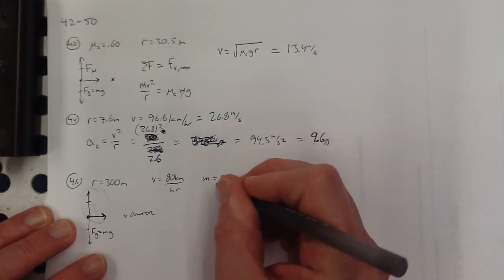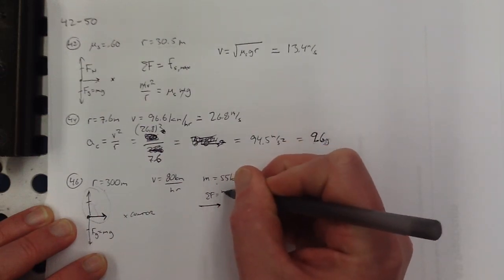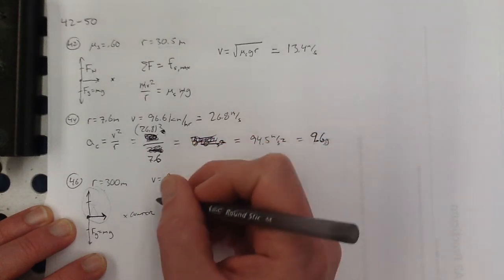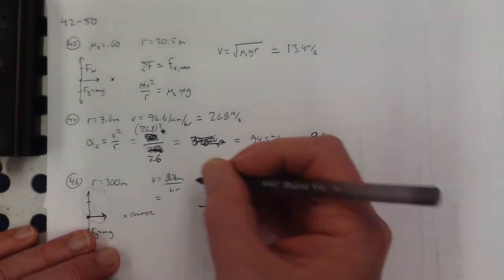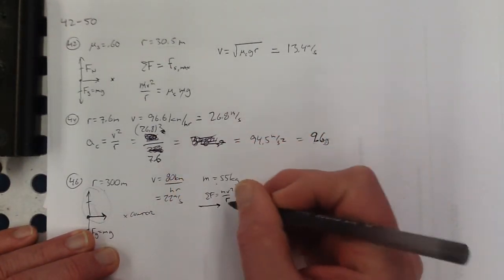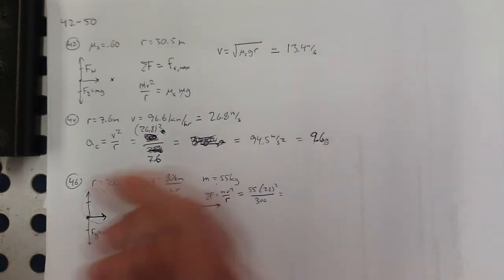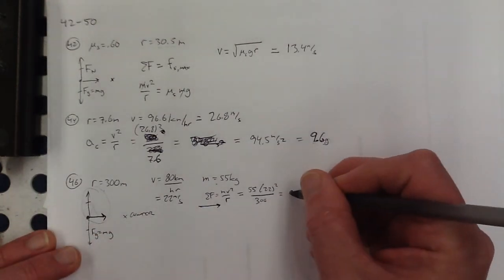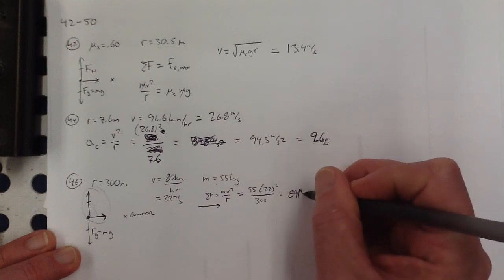Okay, so let's see. This is going to be equal to mv squared over r, and this is force, sorry, it's newtons.